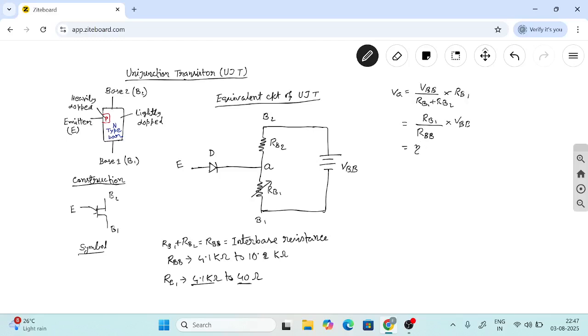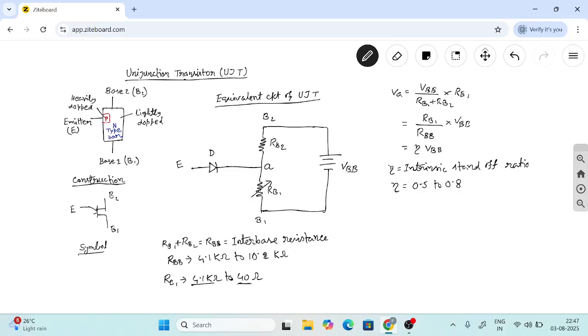It is denoted by eta, that is eta VBB. The value of eta varies from 0.5 to 0.8.